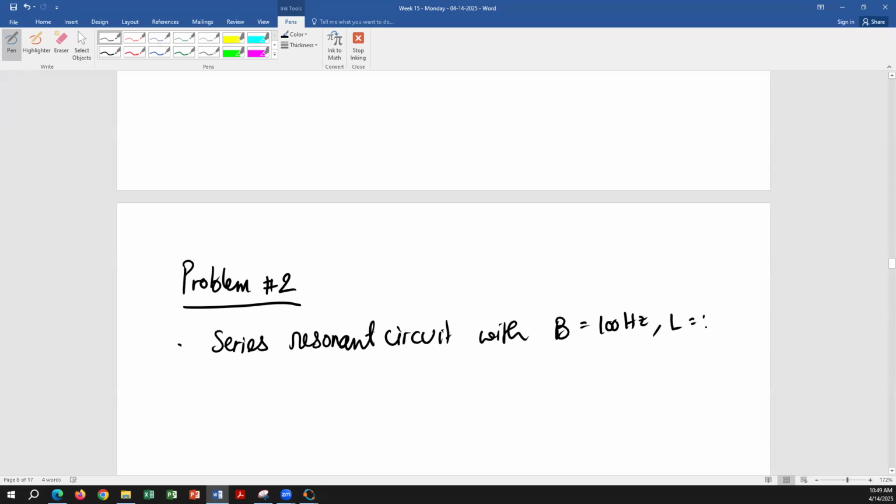L is equal to 20 millihenry and C is equal to 2 microfarad. Determine your center frequency, quality factor, input impedance at resonance, and the upper cutoff frequency.